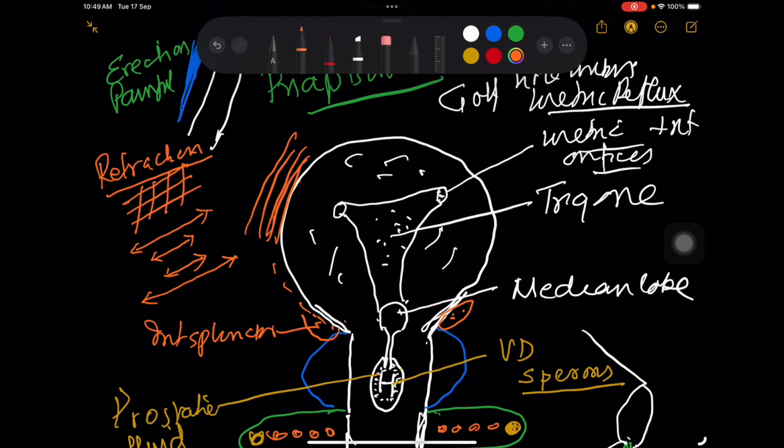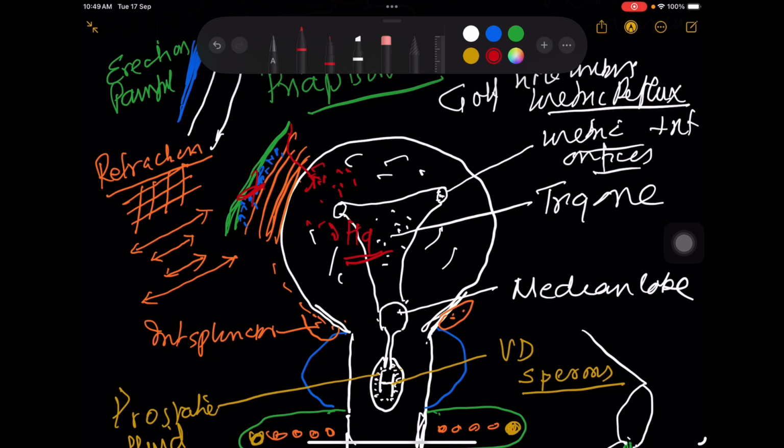The second thing is that there is a fascia transversalis outside it, and the veins are placed between the fascia transversalis and the muscle, and the blood vessels pierce and supply the mucosa, the arteries. So if the bladder is distended, the veins stop draining, the arteries keep on pumping blood, the mucosa becomes congested and hemorrhagic, and there is hematuria.